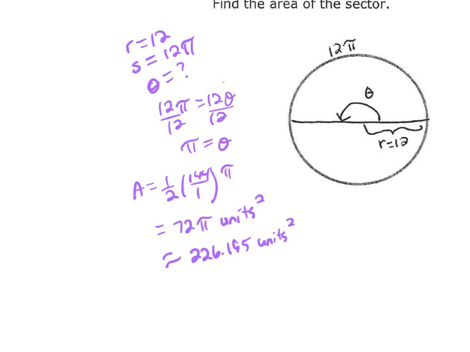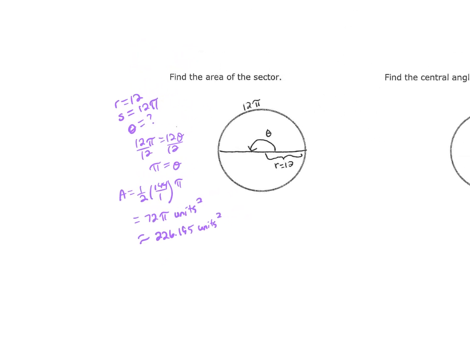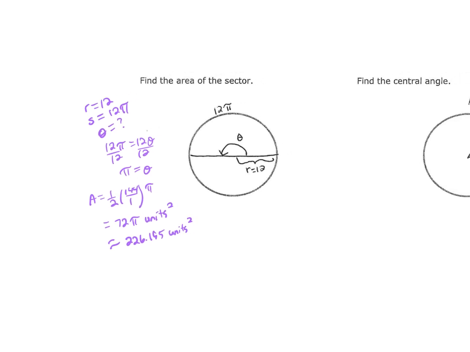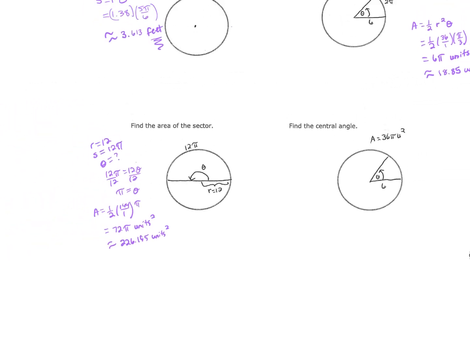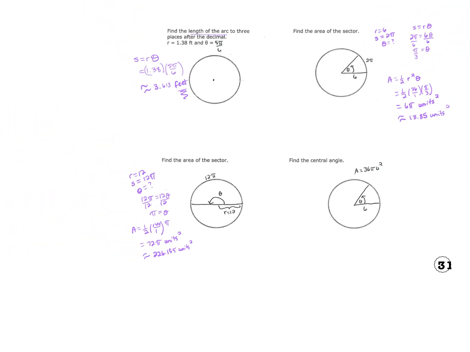That one was very similar to the last one, where you had to use the first formula before you could use the area formula. Okay, questions on either of those?